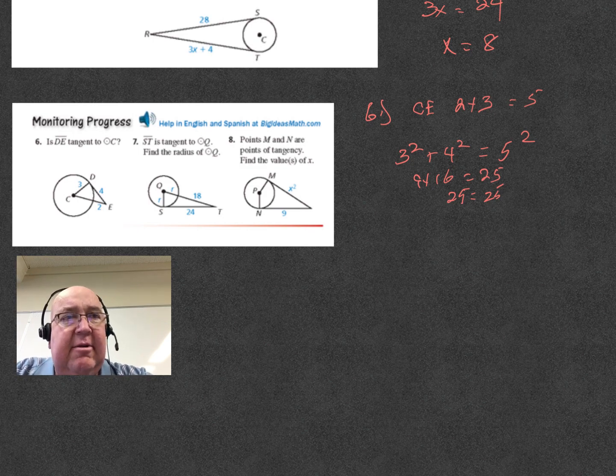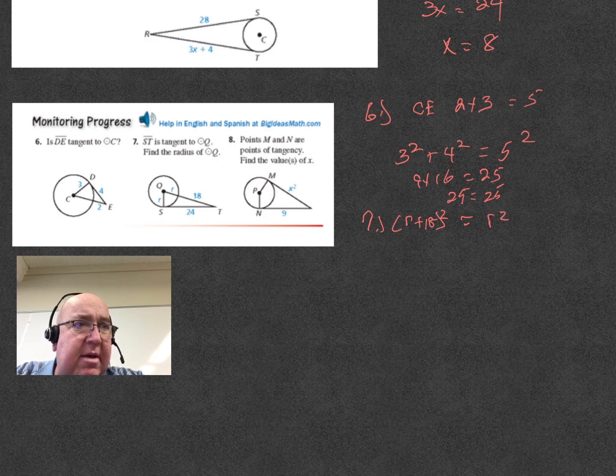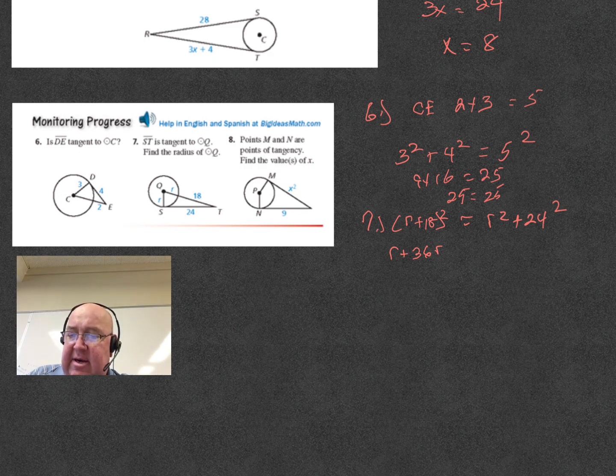Number 7, we have r plus 18 squared is going to be equal to r squared plus 24 squared. r squared plus 36r plus 324 is going to be equal to r squared plus 576.